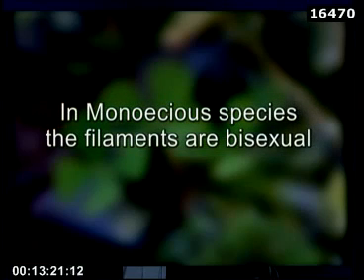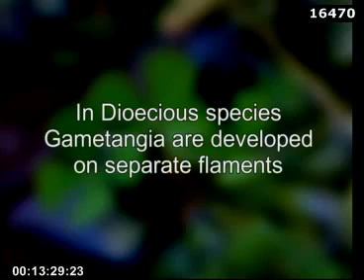In monoecious species, both antheridia and oogonia are developed on the same filament. That means the filaments are bisexual. Whereas in dioecious species, the male and female gametangia, or antheridia and oogonia, are developed on separate filaments.